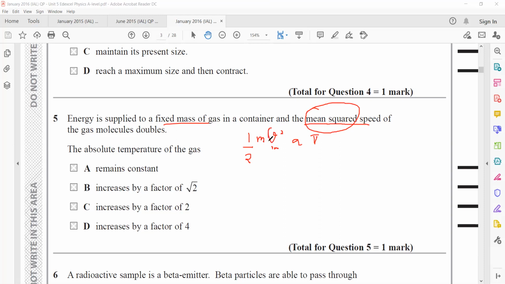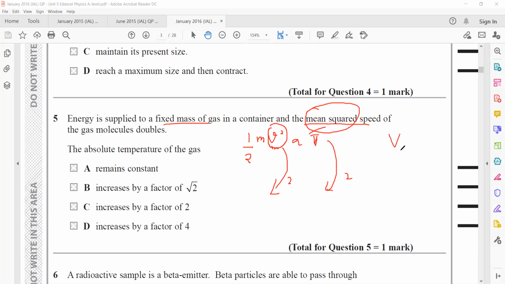So this whole factor, without taking a root. If this is double, what will happen to the temperature? That will also double. You got my point? Because the mean square speed means this whole factor. They did not say root mean square speed.